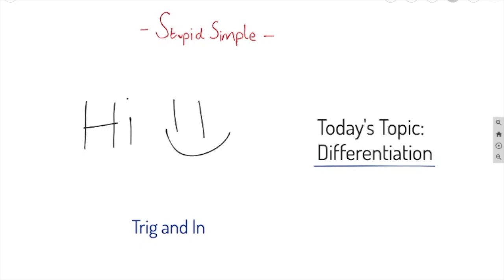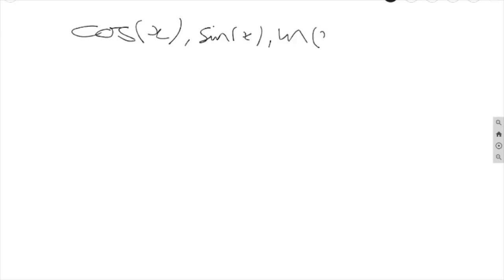Today, I'll be talking about the differentiation of trigonometry and the function ln. In my last few videos, I've covered a few different rules with which to do differentiation: power rule, chain rule, product rule, quotient rule, those kinds of things. And in those, I've used some examples which have involved cos of x, sine of x, and ln of x.